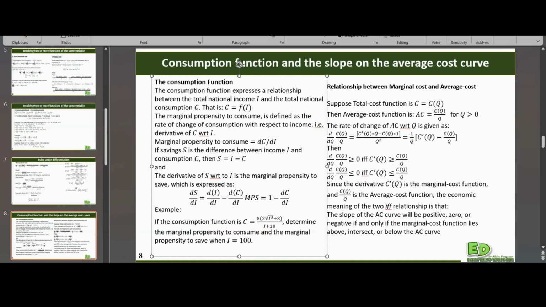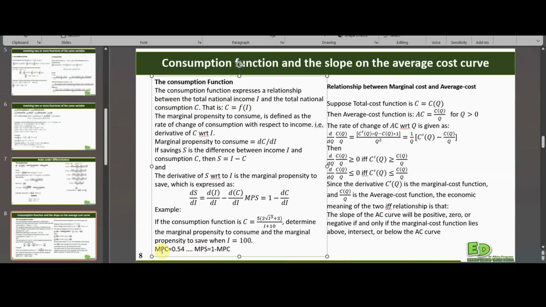So practically, I'm saying that using the quotient rule will give you the final function of your MPC, and say after finding your MPC function, you substituted income, that is I, into the function, and you had MPC to be 0.54. We can go ahead and find our MPS, which is equal to 1 minus our MPC.